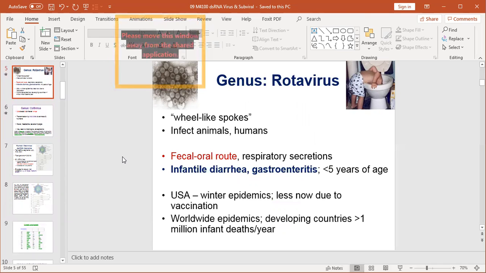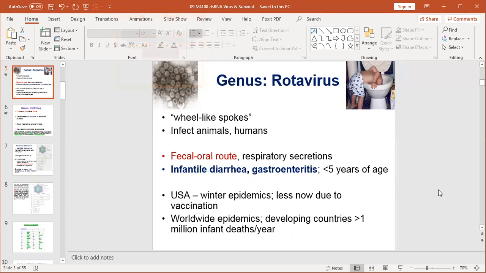Fecal oral route is the route of transmission, mainly through respiratory secretions. And rotaviruses cause infantile diarrhea in infants, and gastroenteritis, usually in children under the age of 5 years.